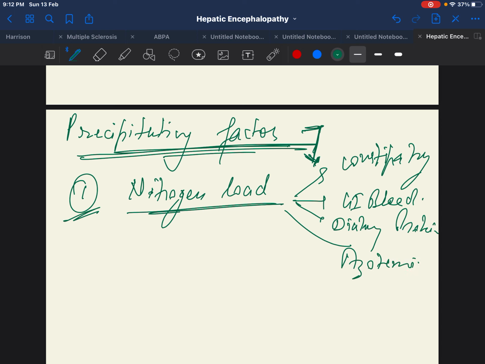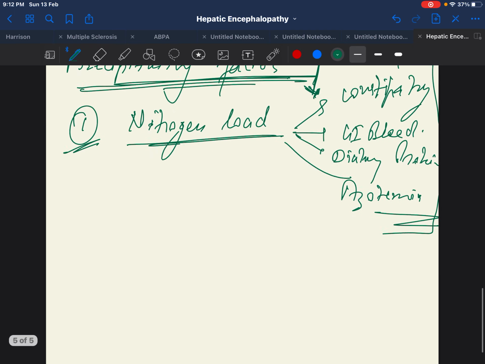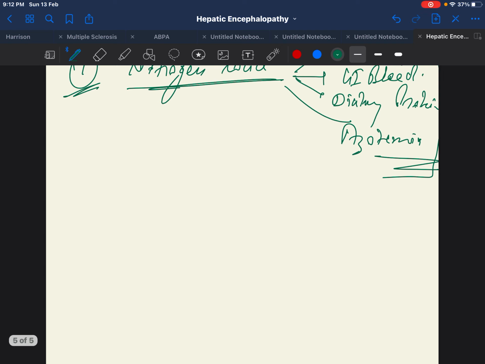Okay, these are the conditions which can increase nitrogen load and precipitate hepatic encephalopathy. Another condition is infection. Bacterial infections also increase the risk of hepatic encephalopathy.